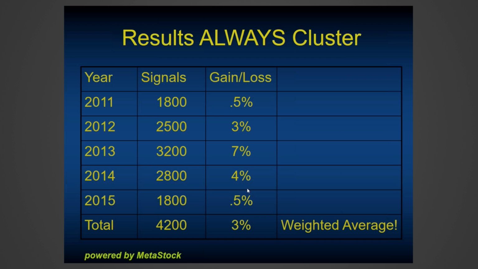So the point is that the results always cluster, and the weighted average here on the average performance in this little set would be 3%. But the reality is that if you were trading in the last year, the reality was nowhere near the results that you would expect within the comfort of the advertised big data sample.